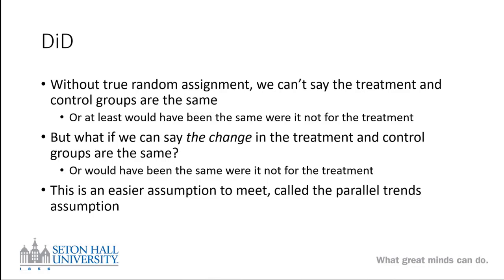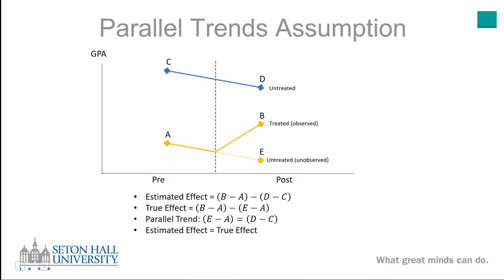But with difference in differences, we're not concerned about levels. Now we say that the change in GPA is the same, regardless of what the level is. This is an easier assumption to meet. It's still tough to meet, but easier than saying the levels are the same. This is what we call the parallel trends assumption.